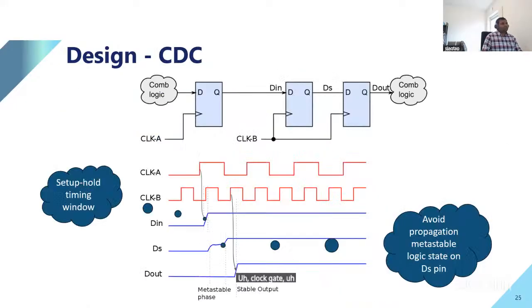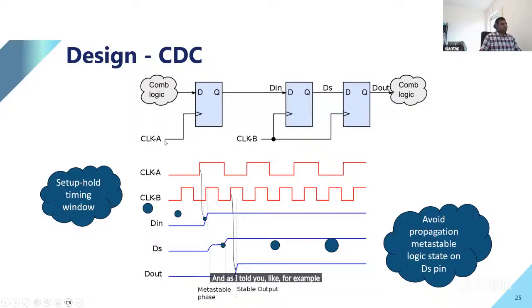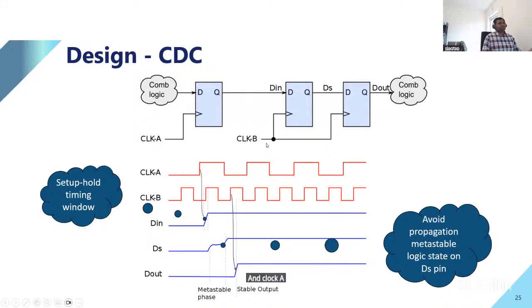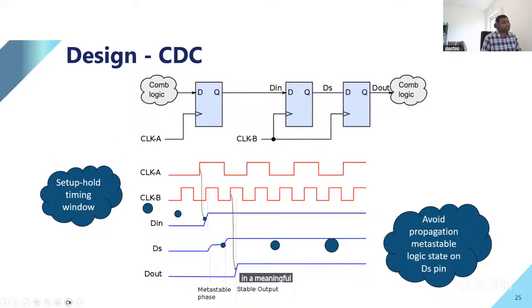Clock domain crossing. As I told you, sometimes you have more than one clock domain. For example, in this picture, you have clock domain A and clock domain B, and clock A and clock B are asynchronous to each other. That means they don't have any meaningful relationship between them.